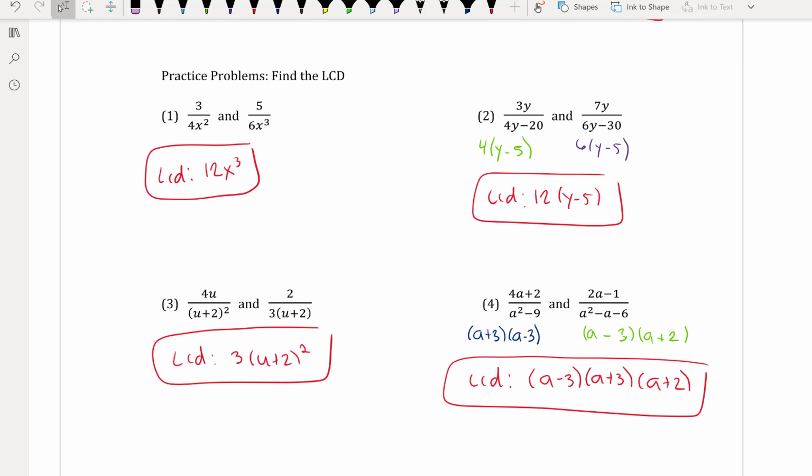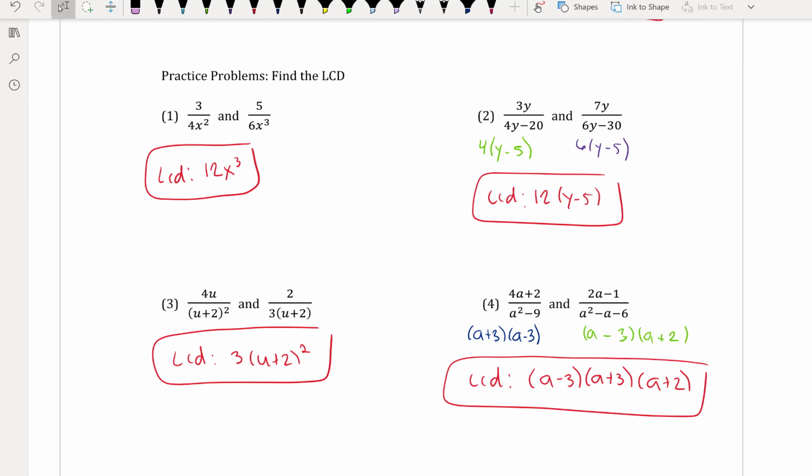For number 3, it was already factored. So I just had to look and see what my LCD was going to be. So it's 3 times u plus 2 squared. For number 4, I have 3 different terms. The a minus 3 appears once in each, so it appears once in the LCD.